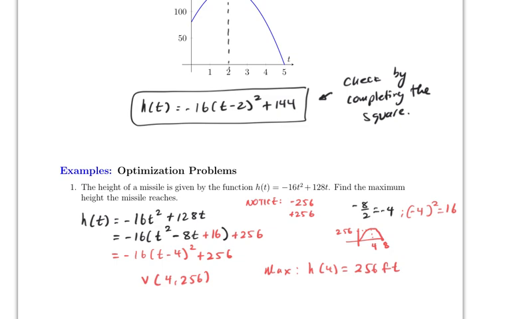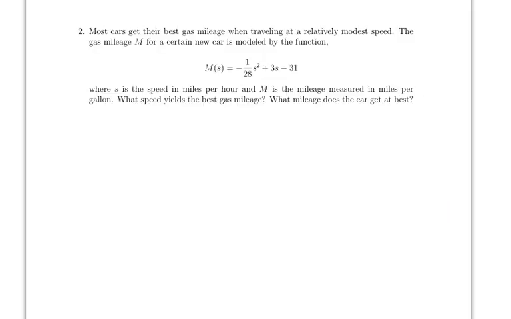All right, let's do one last example in which finding the vertex will give you the solution to the optimization. Remember, optimization means best answer given the constraints. In this example, they give you a quadratic equation that tells you the miles per gallon that you will get given the speed. So M is going to be the miles per gallon, and S is how fast it's going.